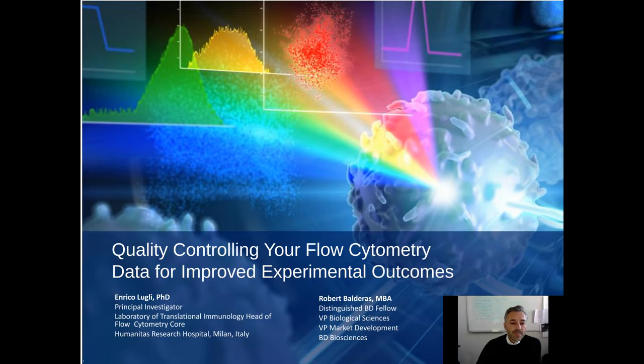If we start from the basics, on the top left you see, for example, a comparison of a couple of reagents that we have tested, and the suggestion obviously is to always use the best reagents. Sometimes this is not possible.